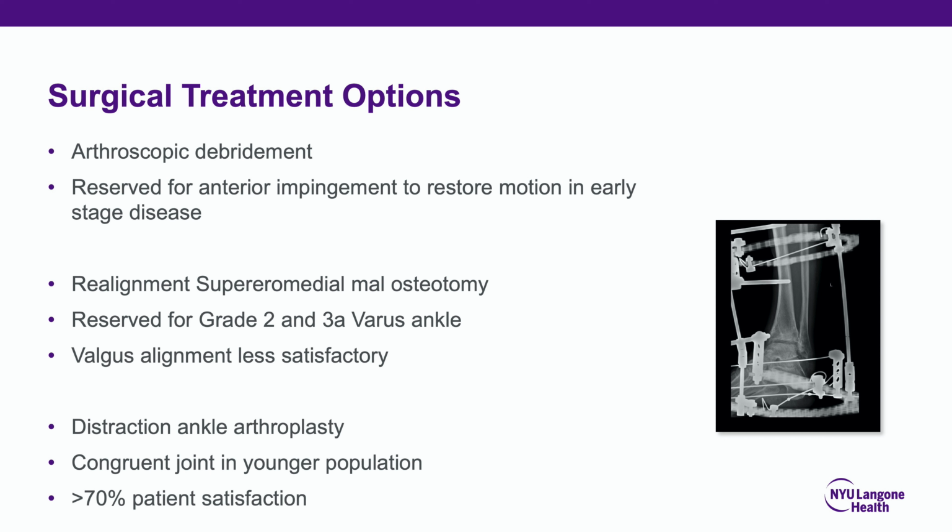A recent study shows that there's greater than 70% satisfaction in these procedures, particularly in a young population with a congruent joint. These are rarely performed, and although a viable option, will probably not be a principal question on your board exam.